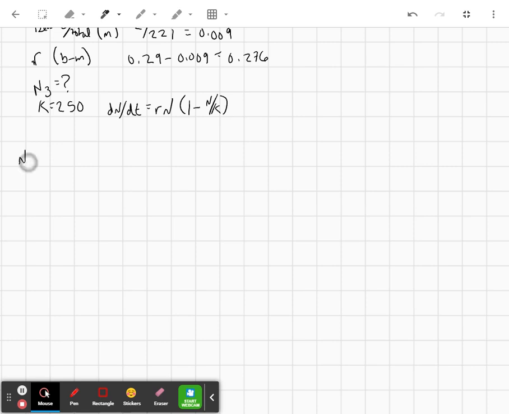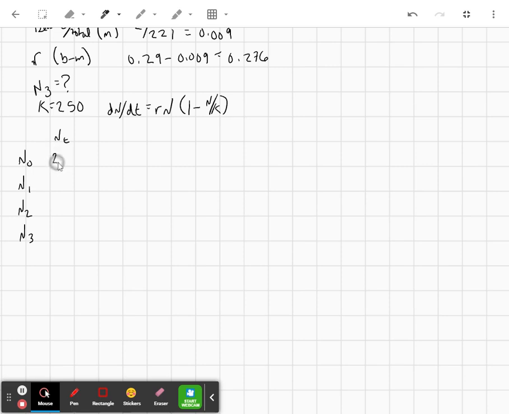I'm going to start at each row with my initial population, my second population, and my third population, and then N_t for each of those.